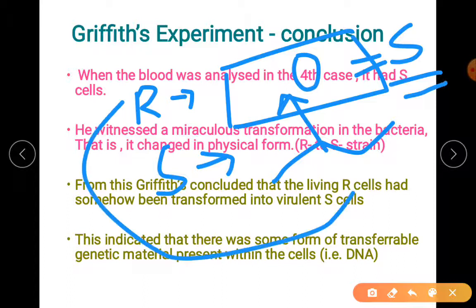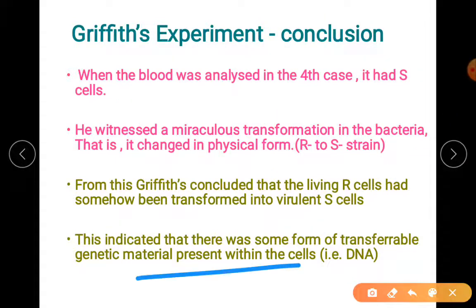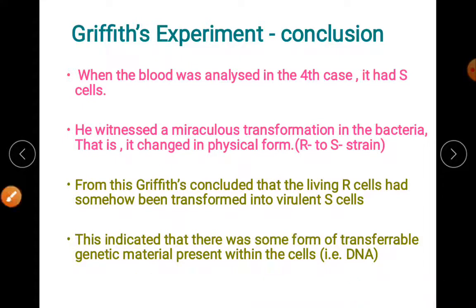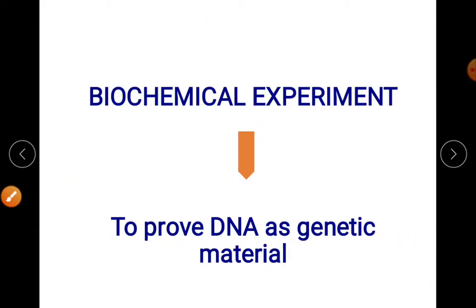This was after many studies, after many years. Till then he did not know it. He just said there was something that was transforming. So here we are just saying it is DNA, the genetic material which has helped in transforming. So that is the transformation principle, I hope it is clear.